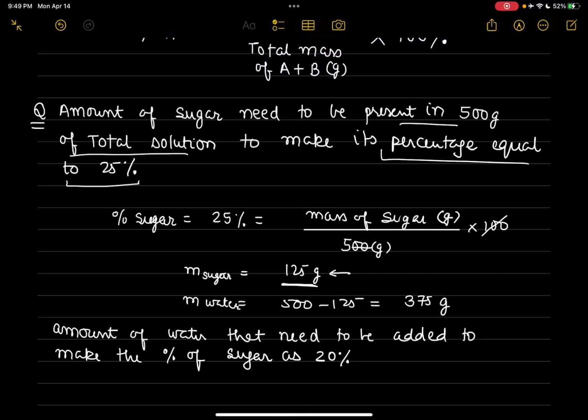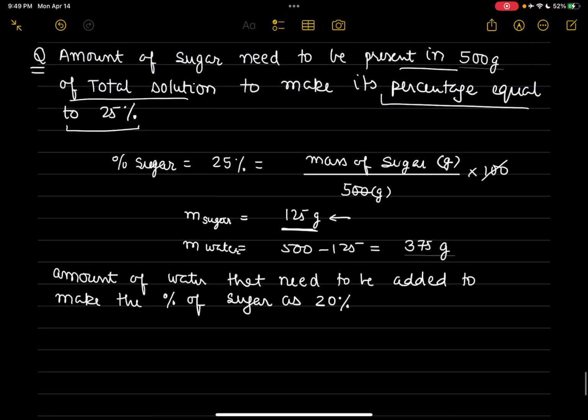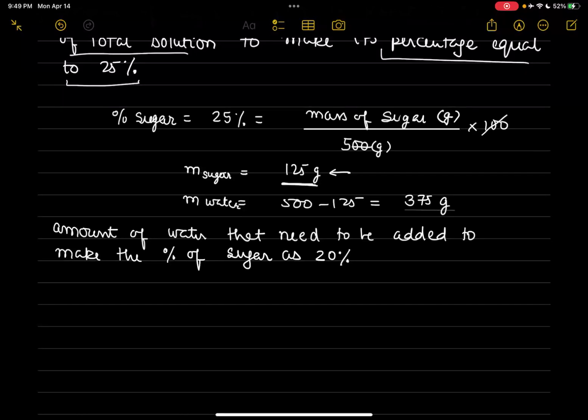So then we can just substitute in the same formula: 20 percent equals mass of sugar by 500, into 100. The percentage of sugar is 20%, and the mass of the sugar has remained the same, because both the questions are connected.